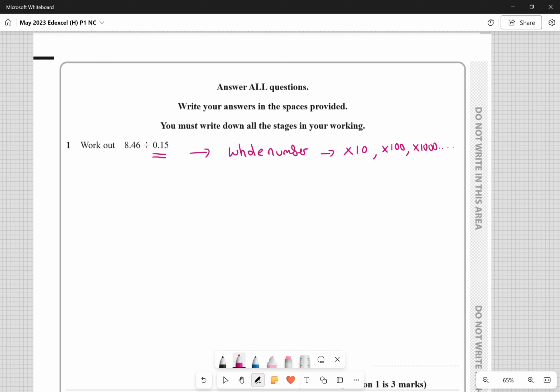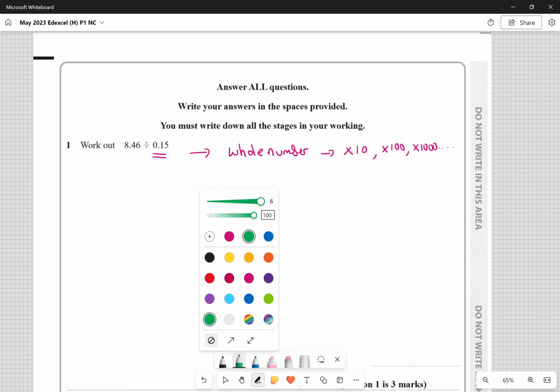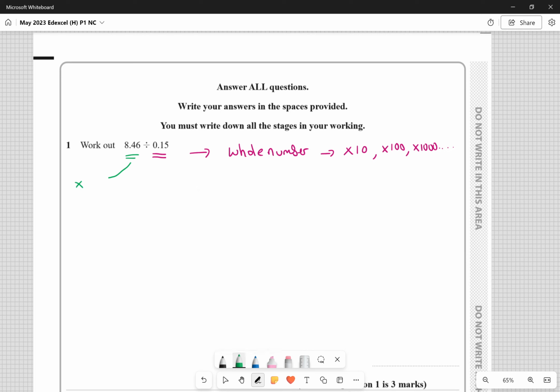Once you've done that, you then have to do the same thing to the number that you're dividing into. So whatever you multiply the 0.15 by, you have to multiply the 8.46 by the same.